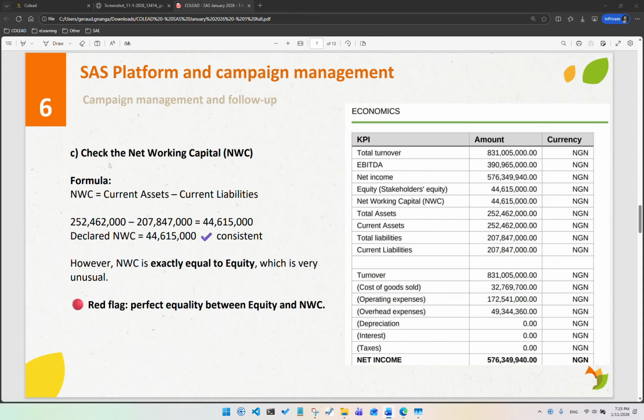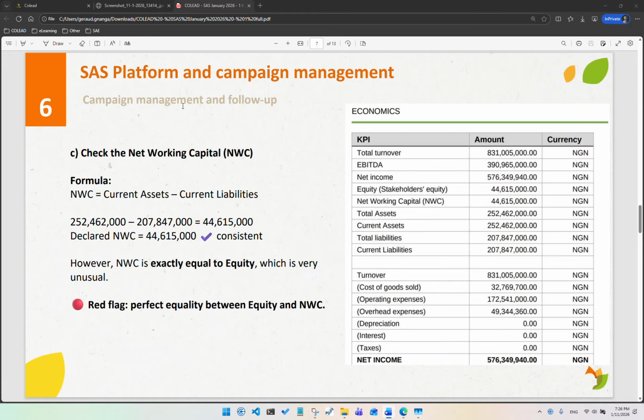The result is more than 44 million, which is consistent with the declared figure, but exactly equal to equity, which is highly unusual and therefore a second red flag. So this one could also be a red flag for you to raise. And then review the income statement by recalculating net income.